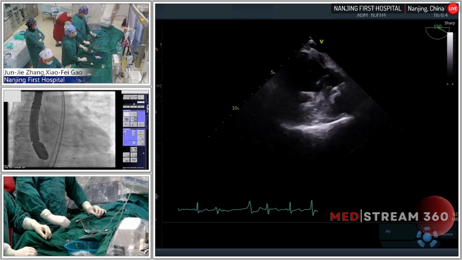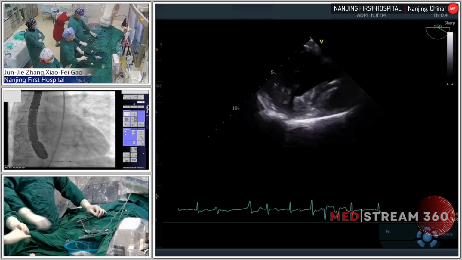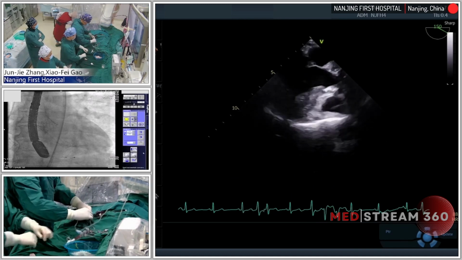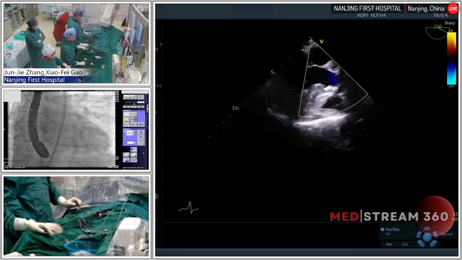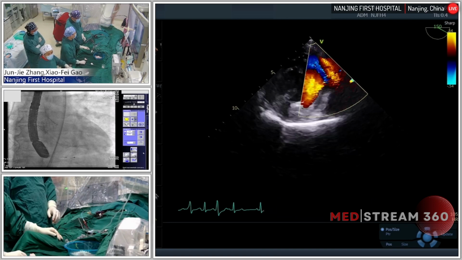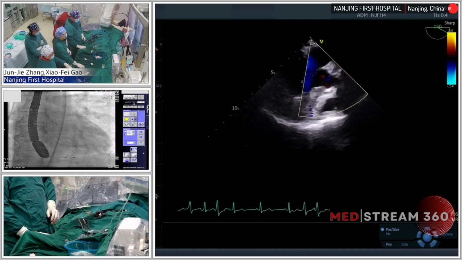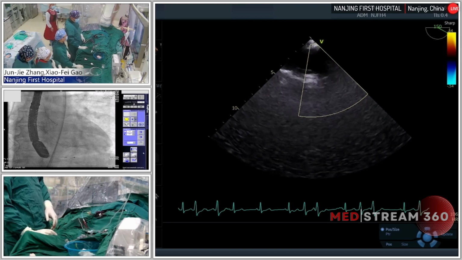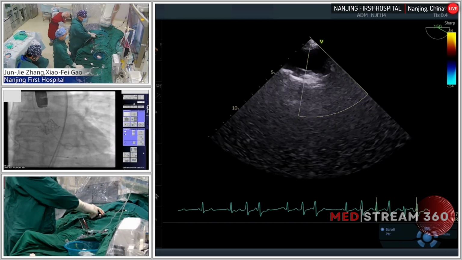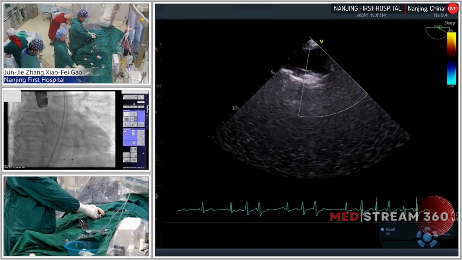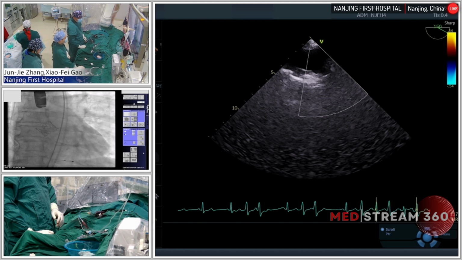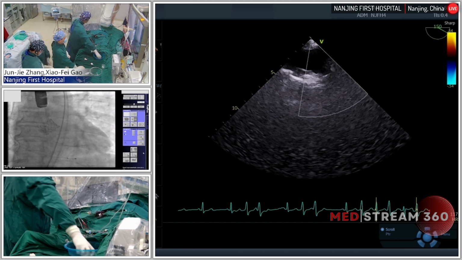The situation is good. There's no PVR, and the transvalvular velocity and the mean pressure gradient are all perfect. Actually, you can see from the hemodynamics that there is no gradient. The pressure is a little high, so we can lower the pressure.